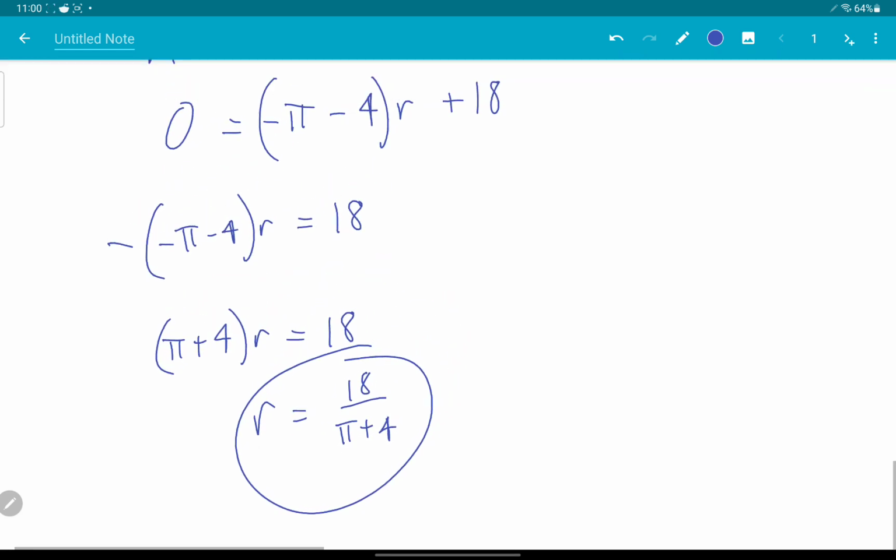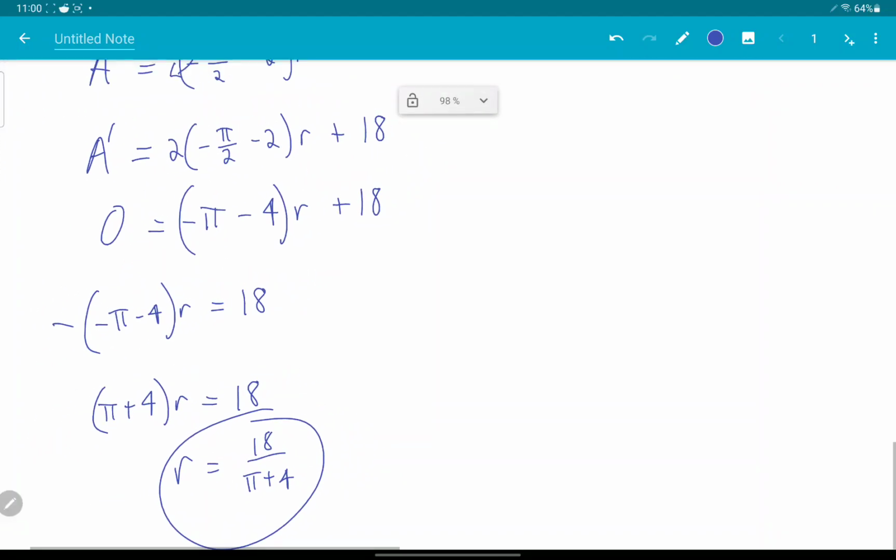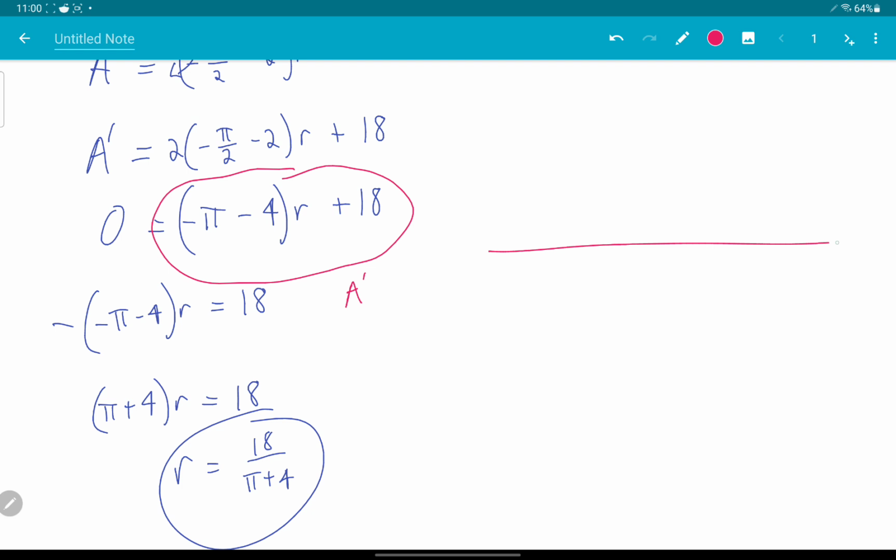To double check, we do a little number line with our simplified derivative. Here we have a prime. And we're going to put our critical number on there.